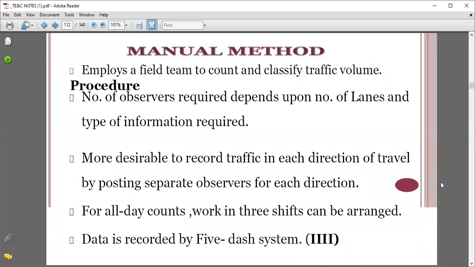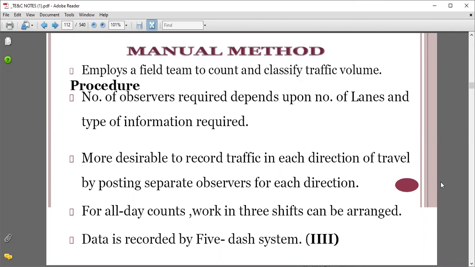Next, for an all day count, work in three shifts can be arranged. It means if you want a detailed traffic survey, then we can arrange the counting of the traffic volume in three shifts.